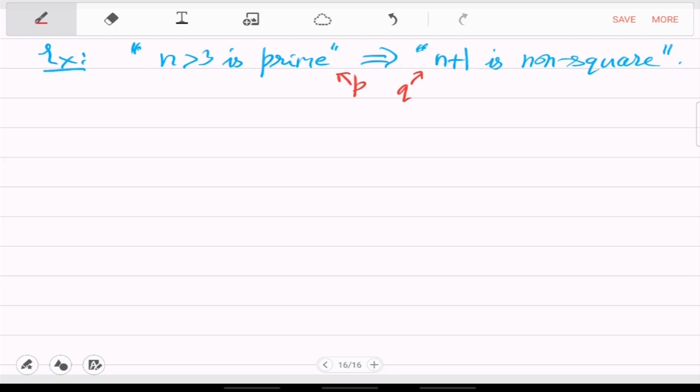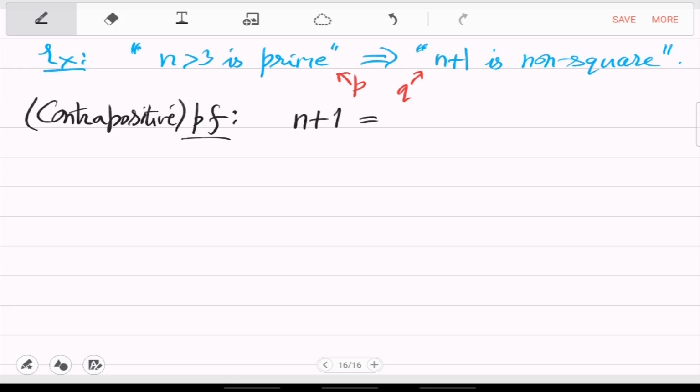Then what? Exactly. So that's the contrapositive proof: you start with n plus 1 equal to a square, let's say x square, then what happens? n is x square minus 1, which is known to have factors.